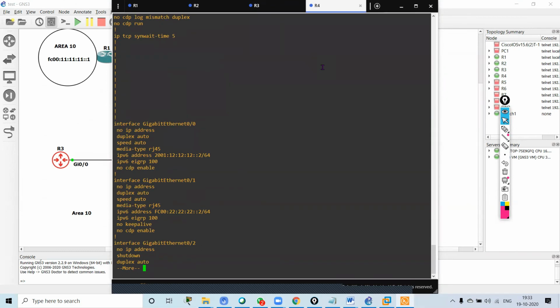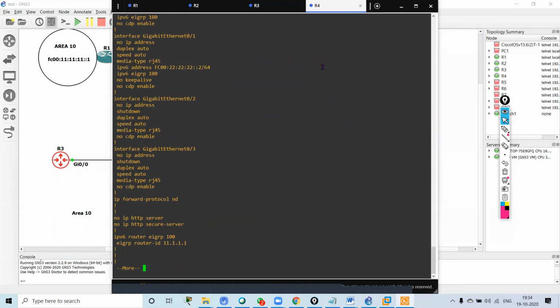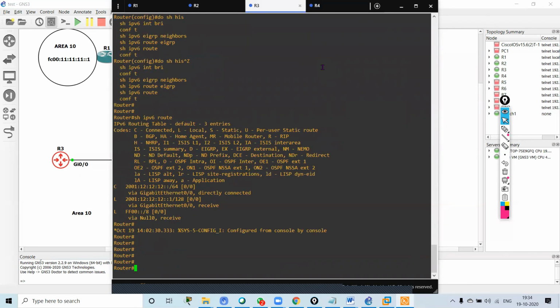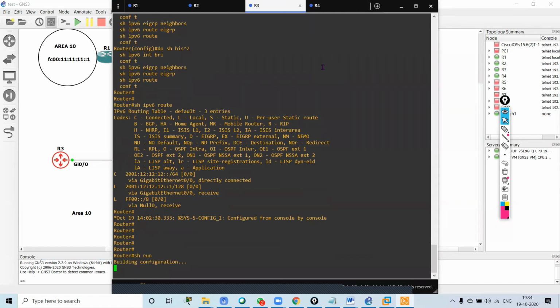IPv6 EIGRP 100 on 0/0 and 0/1. Show run.